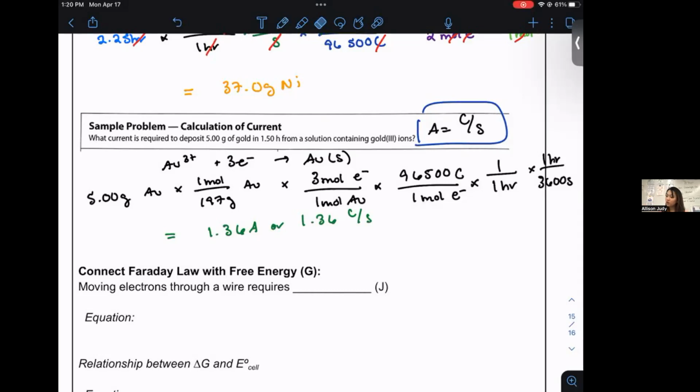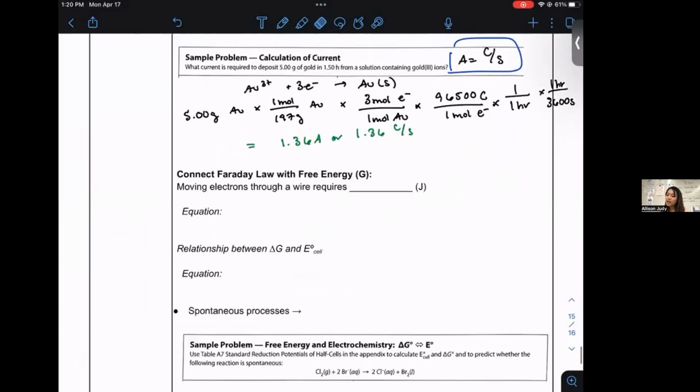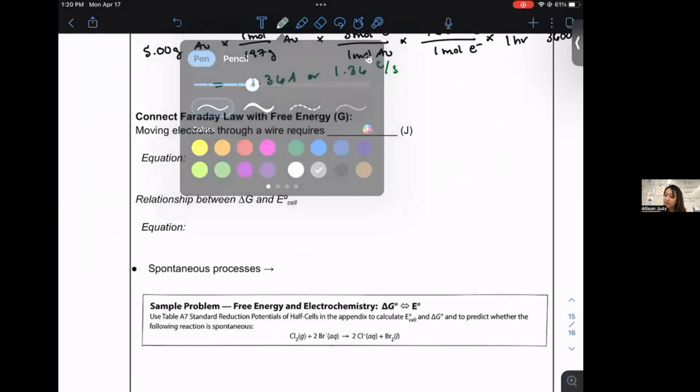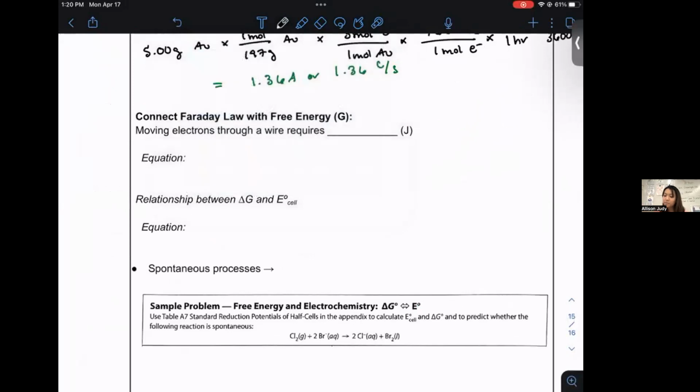Okay, so connecting Faraday's law with free energy, we now get a fourth equation for calculating Gibbs free energy based off of redox. So what we say here is moving electrons through a wire requires work in joules. So volts is equal to work over charge, which is equal to joules per coulomb.